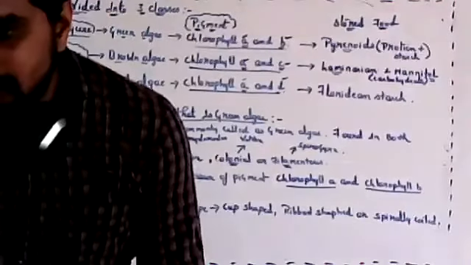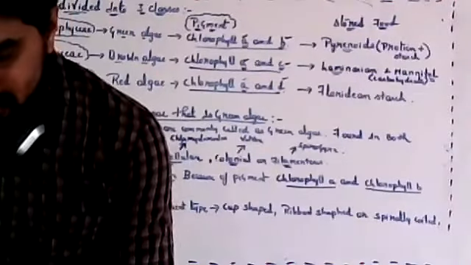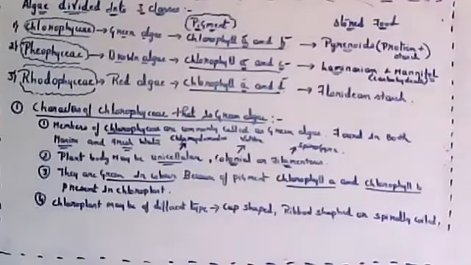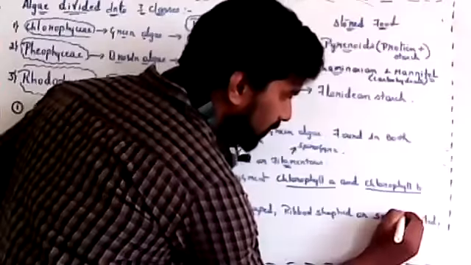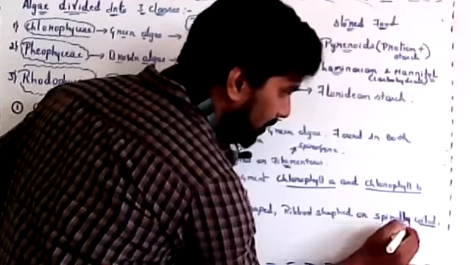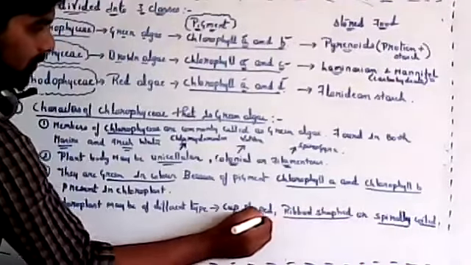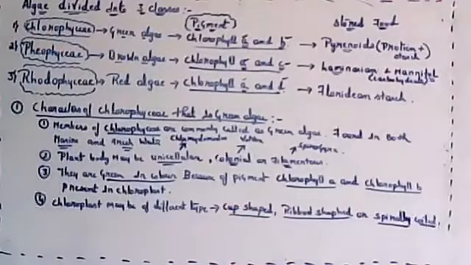So chloroplasts come in different shapes. The last one is spirally coiled. Ribbon shaped or cup shaped, different types of chloroplast may be present.